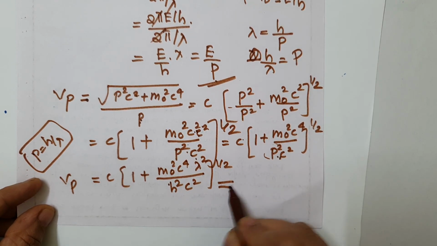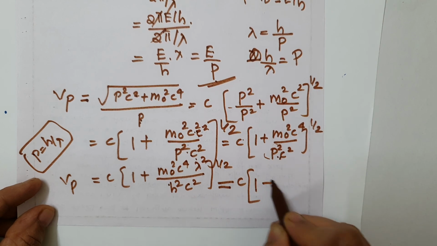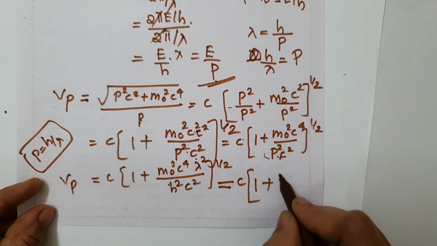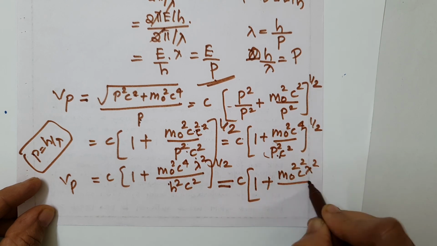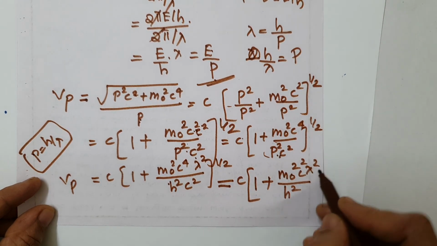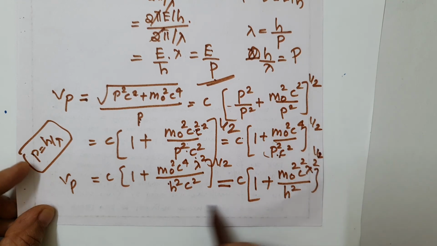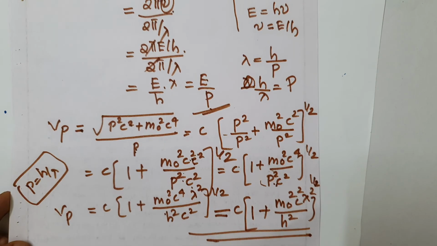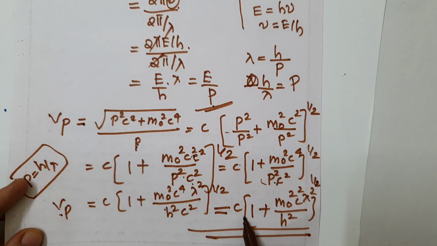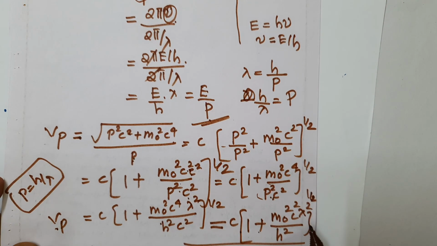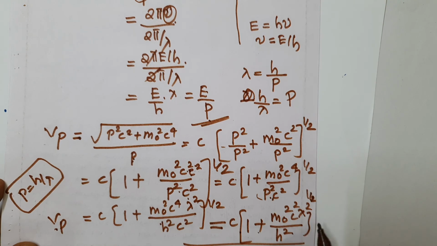This will give c into 1 plus, with c² cancelling, the remaining term m0² c² lambda² by h², the whole raised to 1 by 2. This is the required equation. That is, the phase velocity is equal to c into 1 plus m0² c² lambda² by h², the whole raised to 1 by 2.